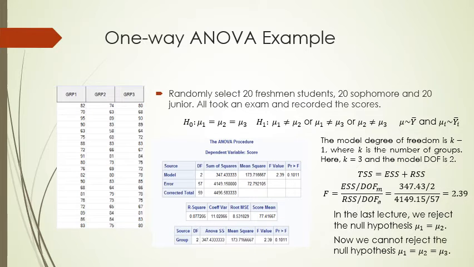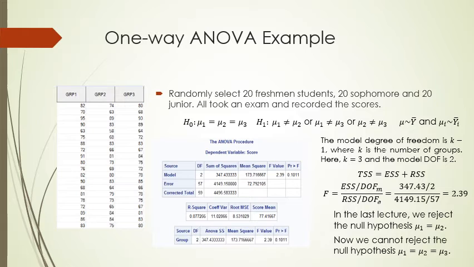Thus, at the 5% significance level, there is not enough evidence to conclude students in different school grades have different exam performance.